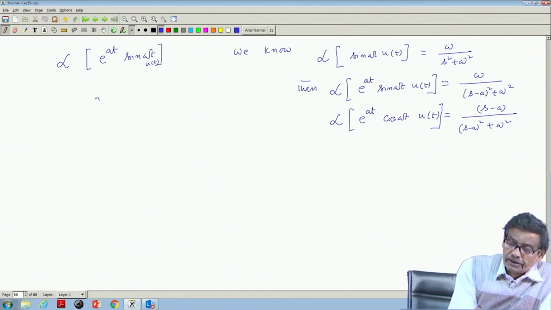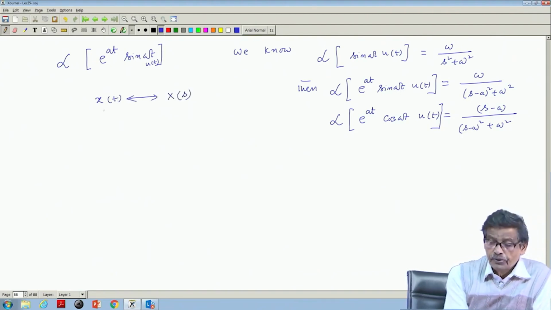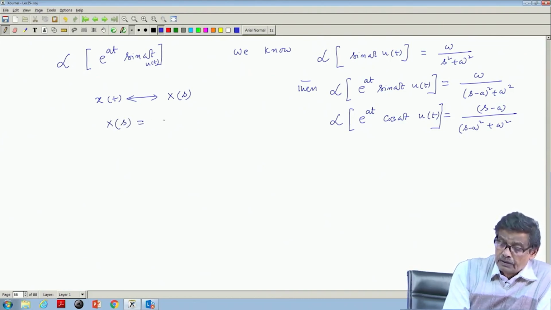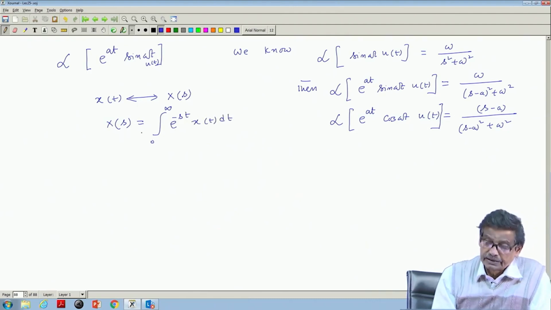So, mind you, x t and x s form a pair. If you know x t, then x s, as we have written several times, is equal to the integral from 0 to infinity, for one sided Laplace transform, of e to the power minus s t into x t into d t, is it not? That is what we have been writing.